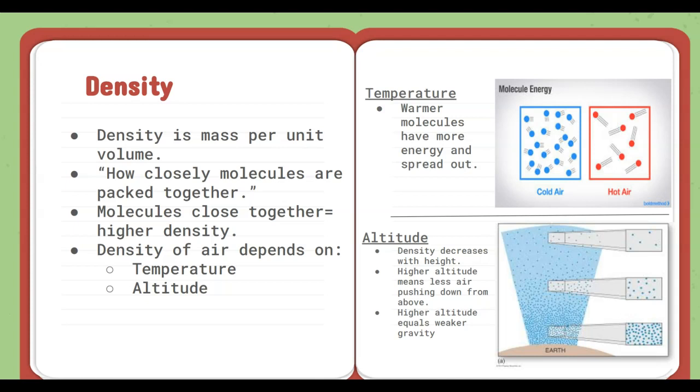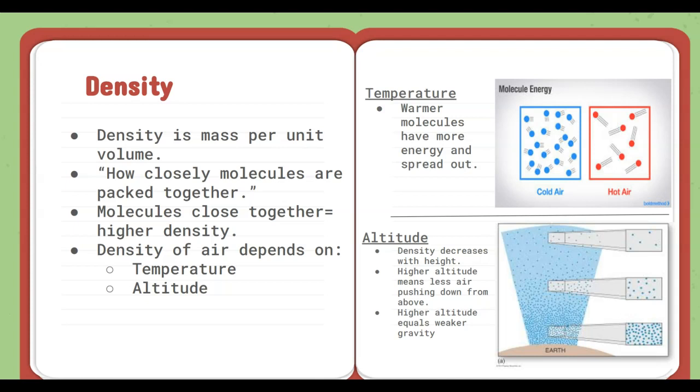Density of the air depends on two things in the atmosphere: temperature and altitude, or height above sea level. On the right-hand side of the screen, you will see where we are talking about temperature and how it affects density.